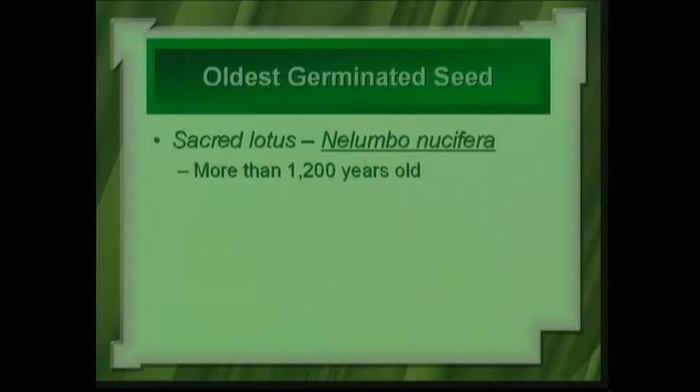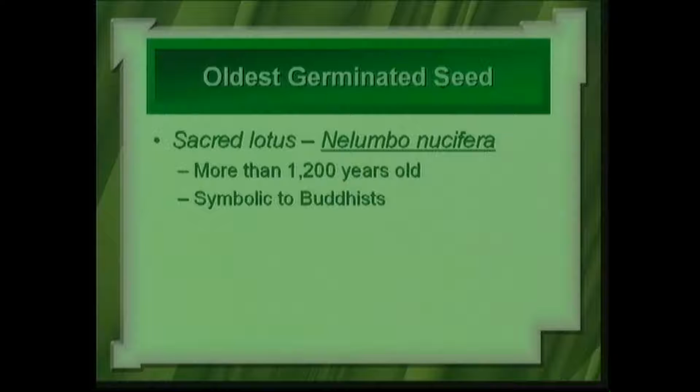Because when you have these sediments washing into these bodies of water, you'll have a good chronology. You have an idea what is earlier deposit and what is later deposit. The more toward the top of the sediment something is, the younger it is, because it was deposited later than the layers under that. Okay, so this sacred lotus seed was from a deposit more than 1,200 years old.